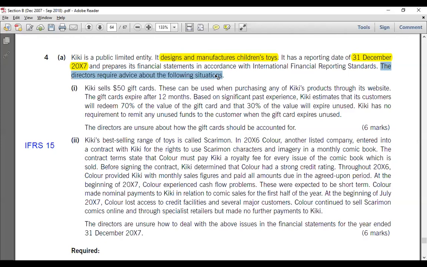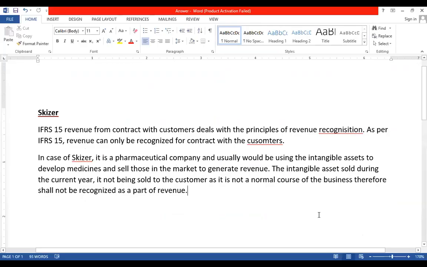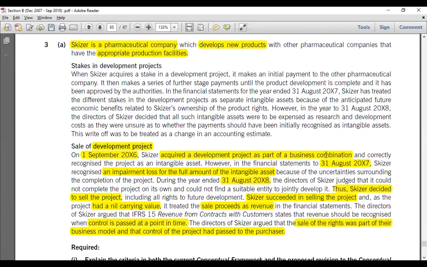Okay, a lot of people want the snapshot of the answer and the question. So here's the answer. You can take the snapshot quickly. And here's the question.